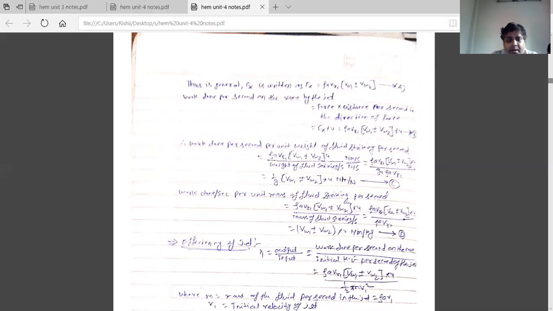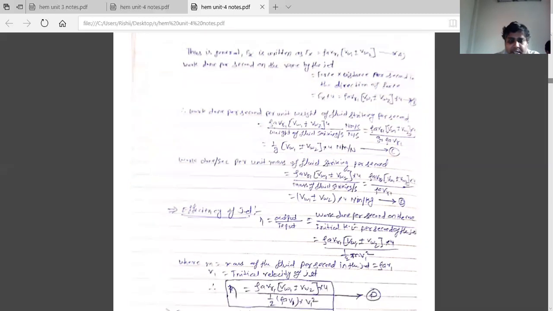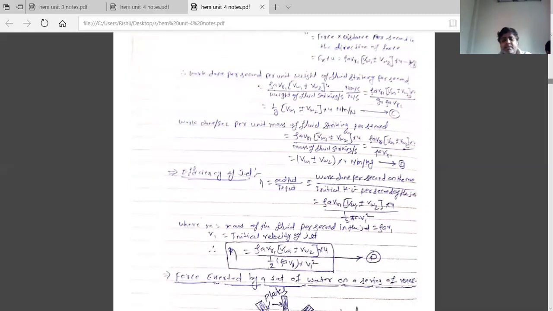Equation number 6. The last equation is the work done per unit weight. Work done per unit mass of fluid striking per second is rho a Vr1 (Vw1 plus or minus Vw2) into u upon the mass striking per second, and the final equation is (Vw1 plus or minus Vw2) into u. Now the efficiency of the jet, denoted by eta, is output upon input, that is the work done per second upon the initial kinetic energy of the jet.